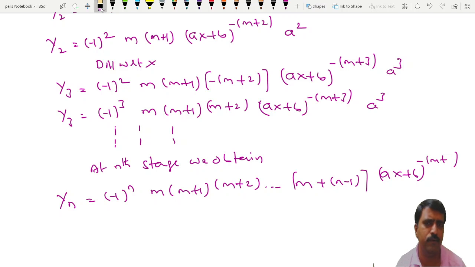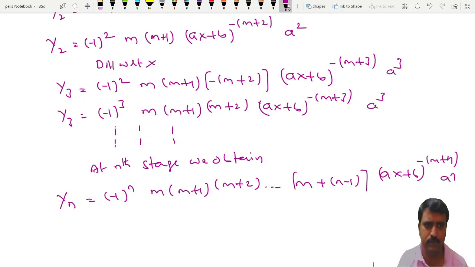Again in y3 the power of a is 3, so in yn the power of a must be n.